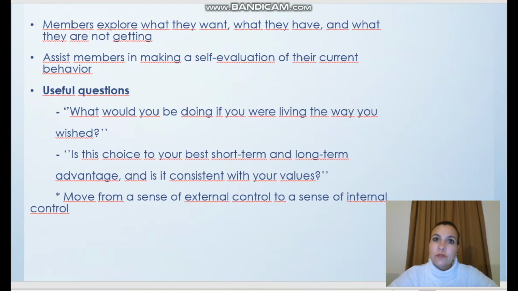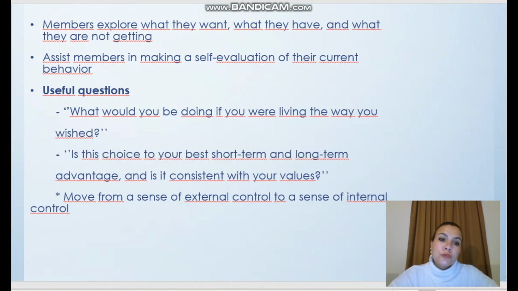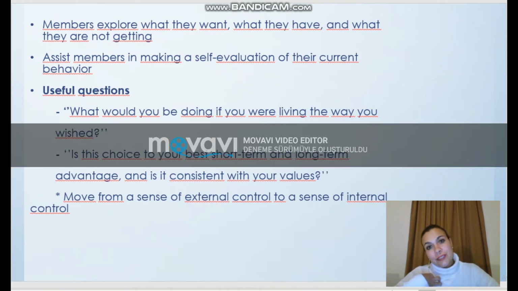Especially at the beginning, while we are setting up goals, we question this. Is this applicable? Is this consistent? Okay. Moved by these questions, the group members move from a sense of external control to a sense of internal control. They don't need any other people to control or to direct them after a point.